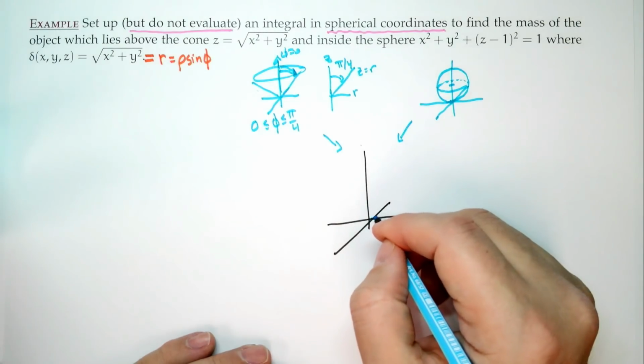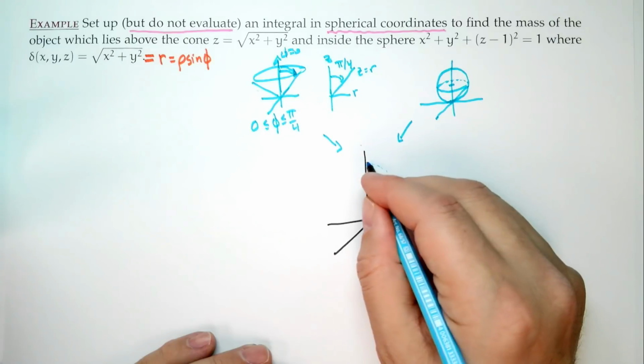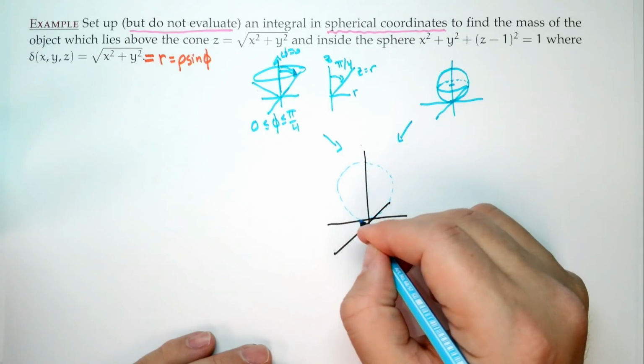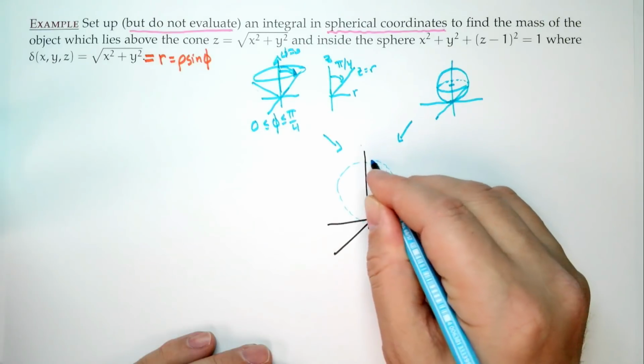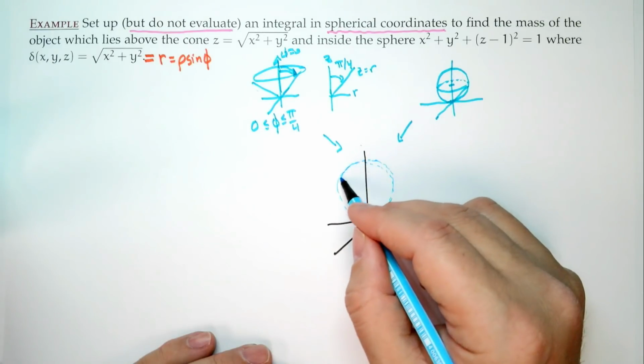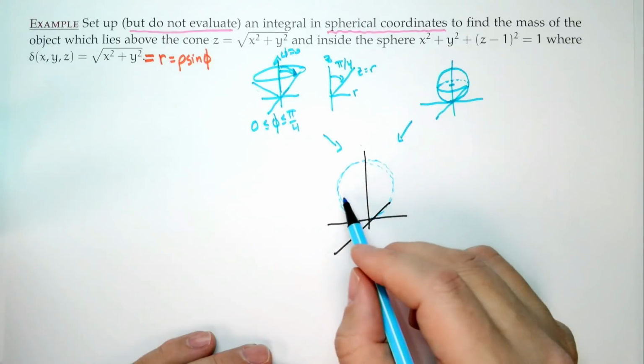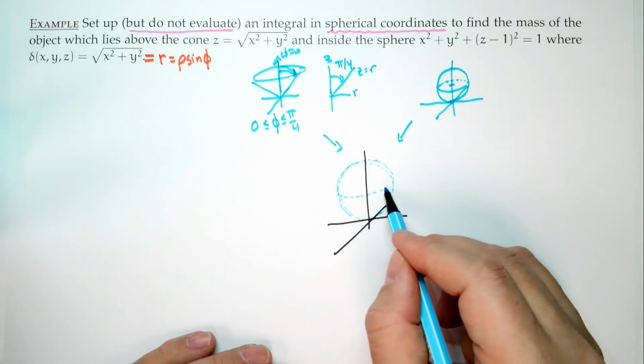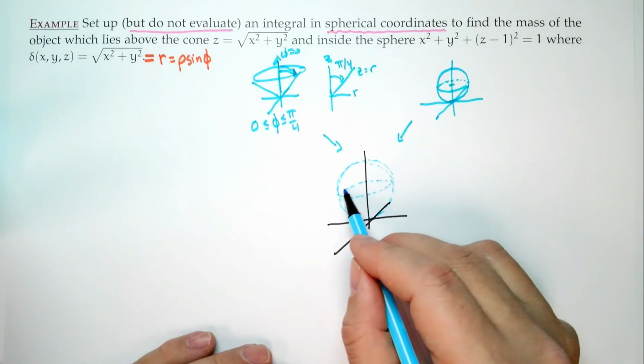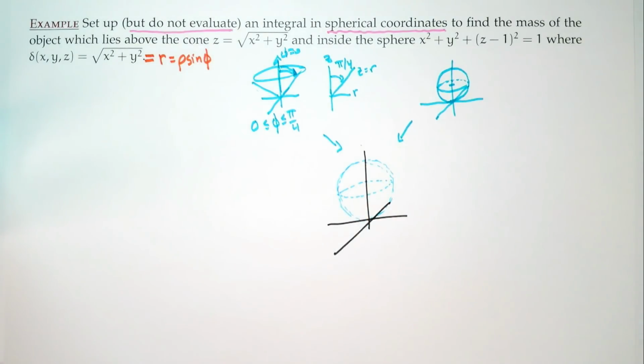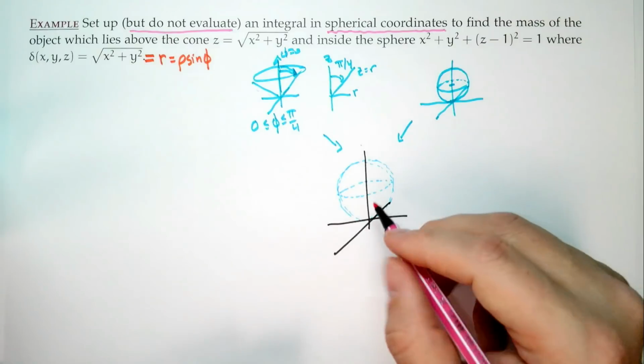So we have our sphere here. All right, that's not a very good dotted sphere, but pretend it was. Now, what's happening is we also, at the same time, have a cone coming up. So, again, we'll draw that dotted.